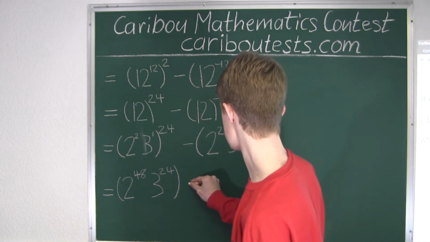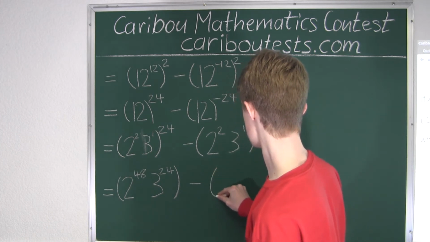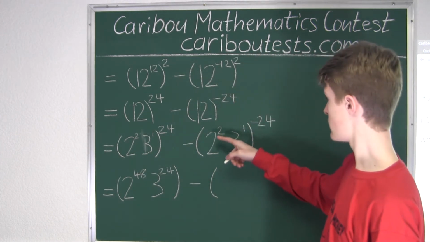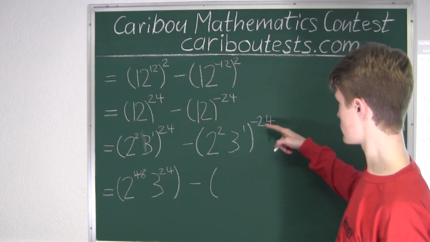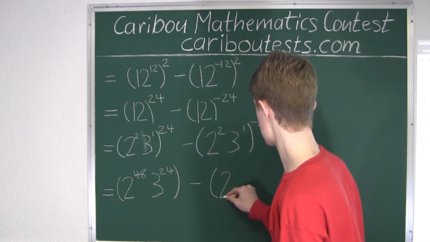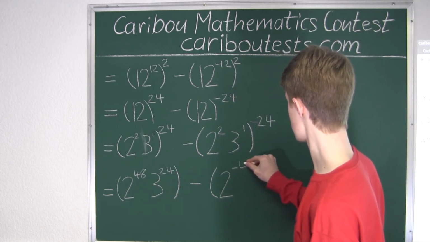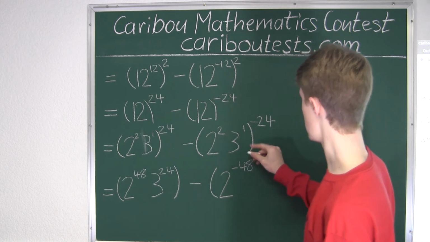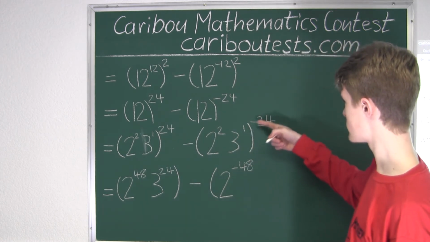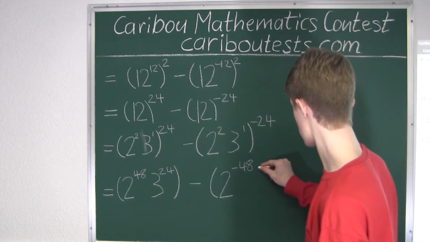And that is minus 2 to the power of 2 times negative 24, which is negative 48, and then 3 to the power of 1 times negative 24, which is negative 24.